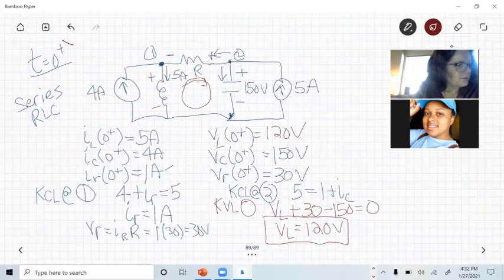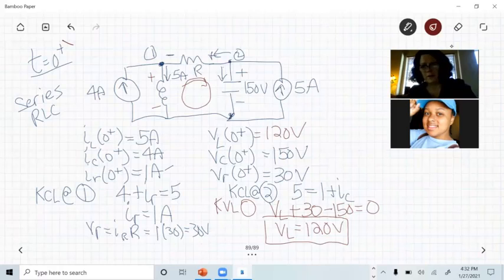According to this, I have a sign error. What did I do wrong? I defined IR in the other direction, so that's not really a sign error. I just changed my definition of polarity for the resistor. Not really going to affect the answer.